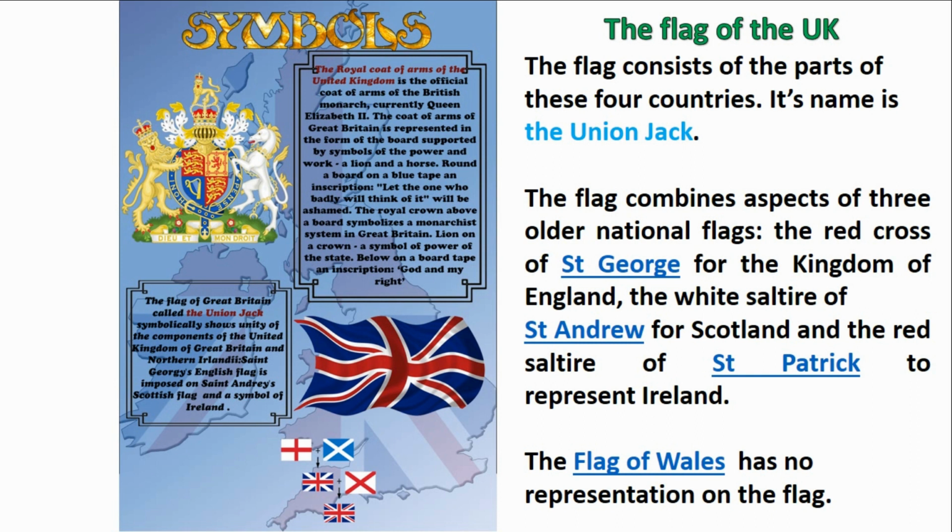The Red Cross of St. George for the Kingdom of England. Look there. The White Saltire of St. Andrew for Scotland, and the Red Saltire of St. Patrick to represent Ireland. The flag of Wales has no representation on the flag.